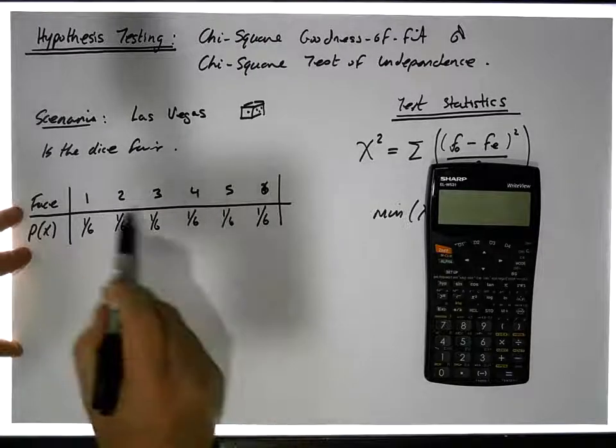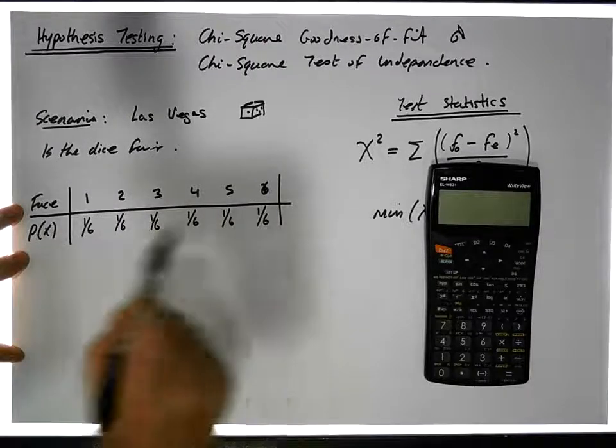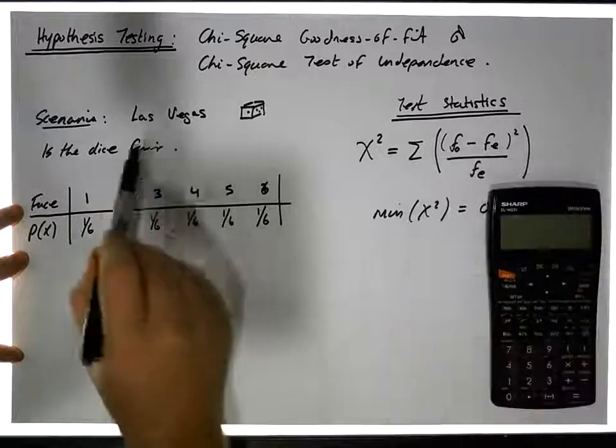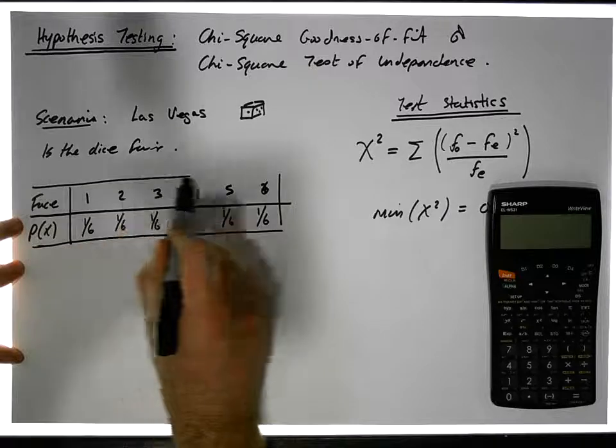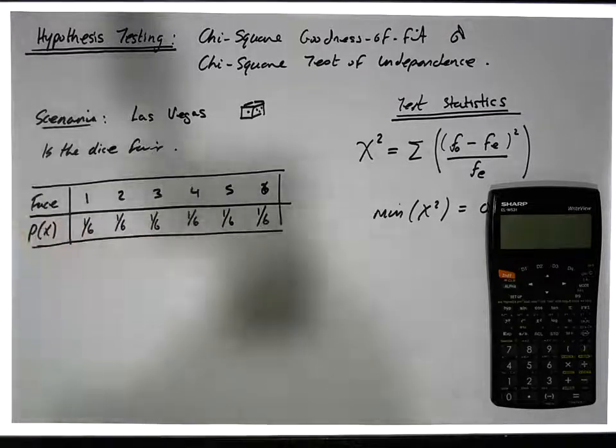This is the probability distribution associated with rolling a fair die, where every outcome is equally likely.